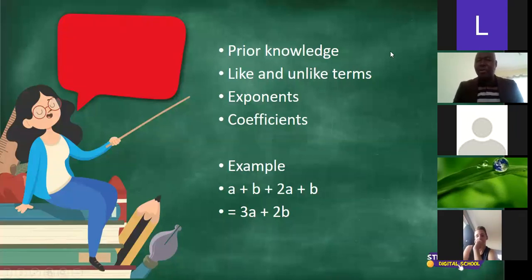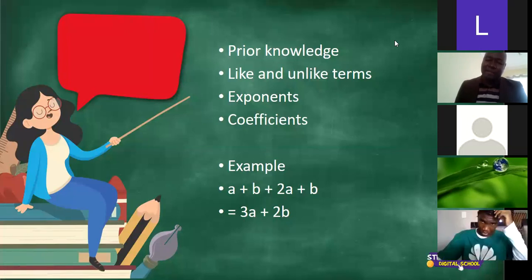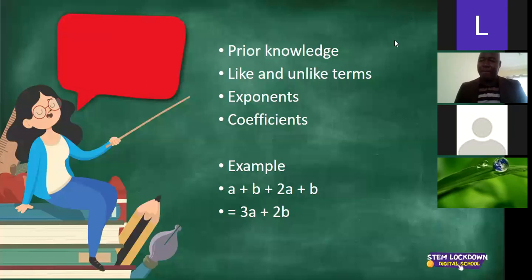I'm unable to see your name, but anyone can comment. Anyone can come in and tell me what the like terms are. Anyone at all? Hello, let's go to you. Hello, are you there?